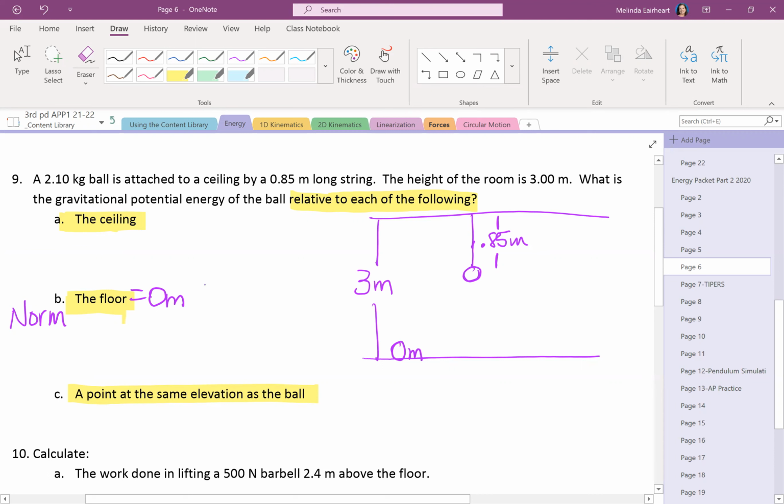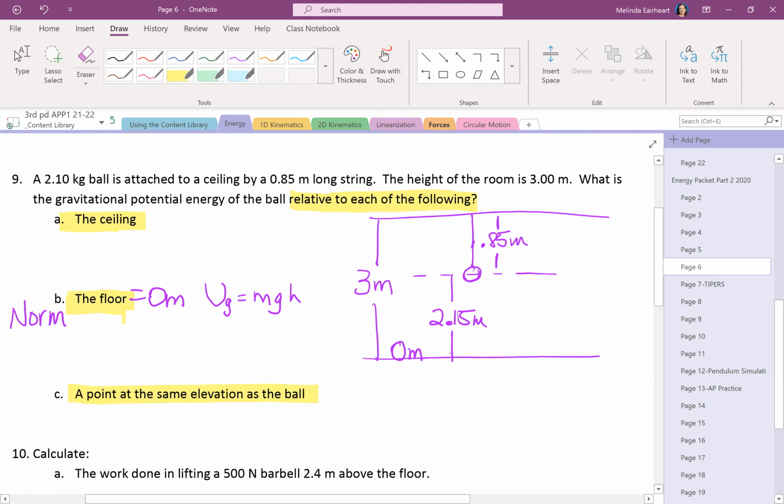And so to find the gravitational potential energy, we're not changing, it's just what is it? mgh, okay? What's the height above the floor? 2.15. Okay?